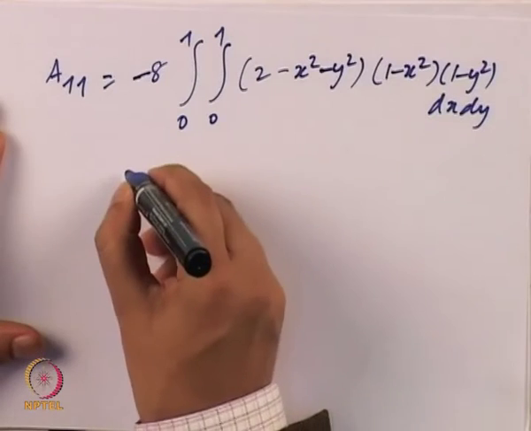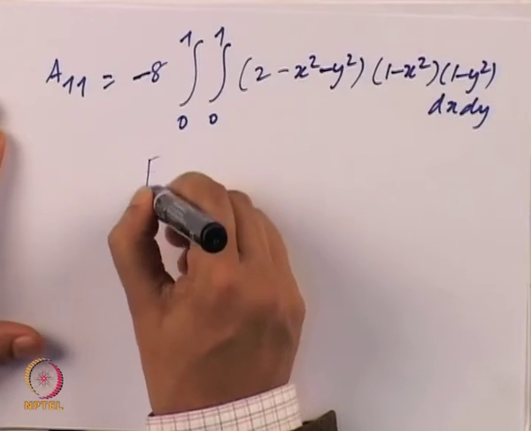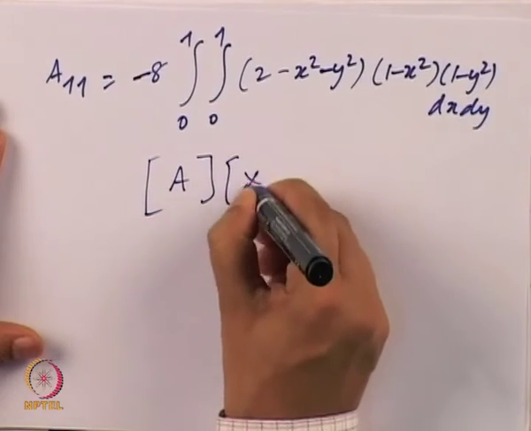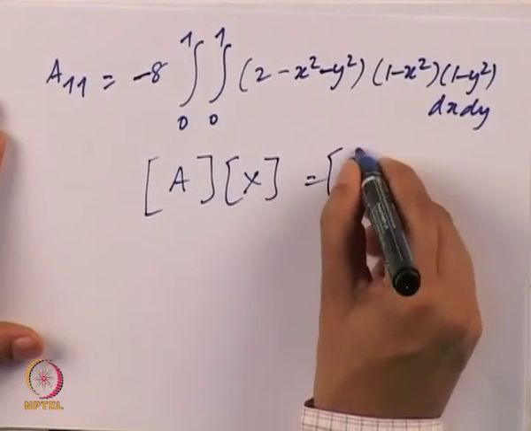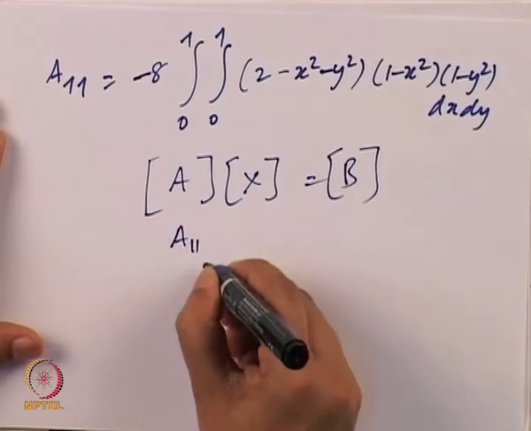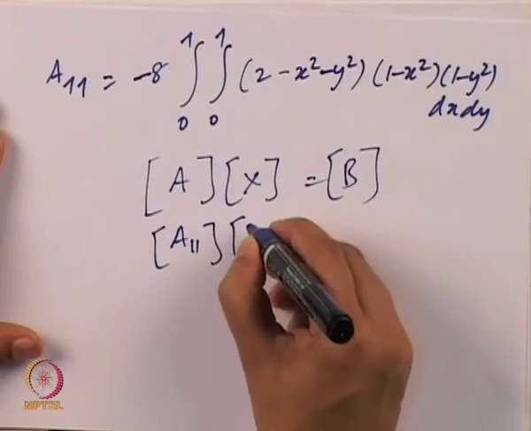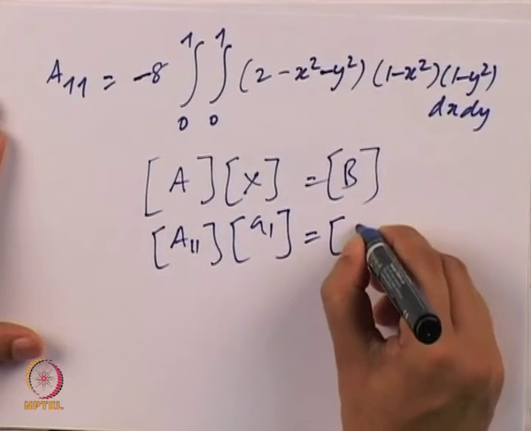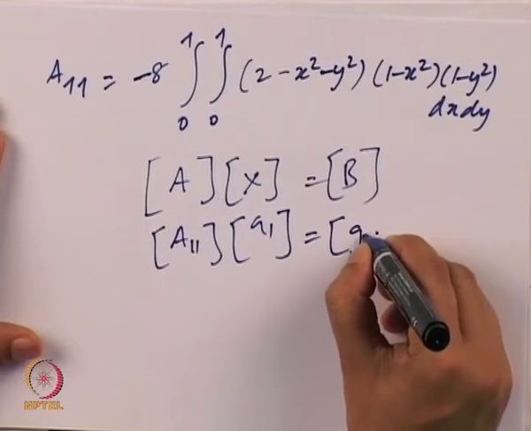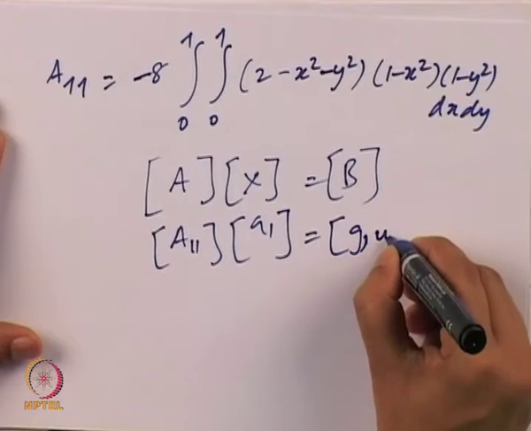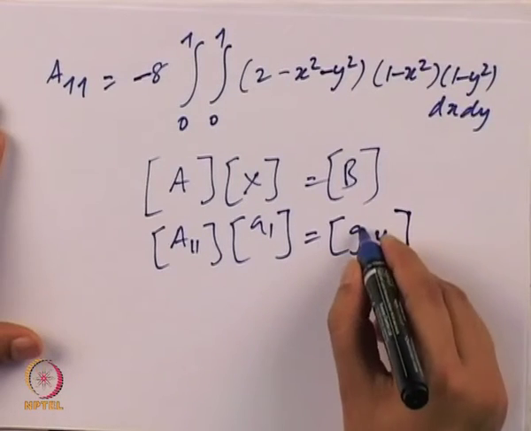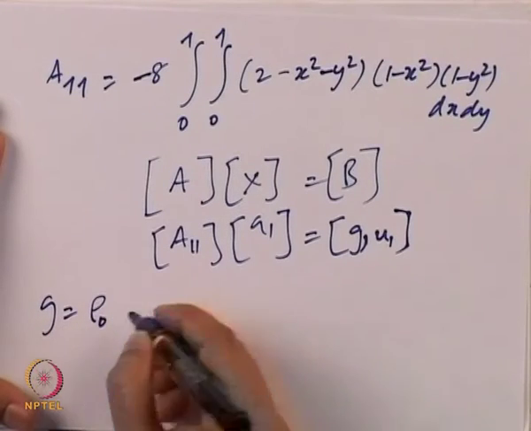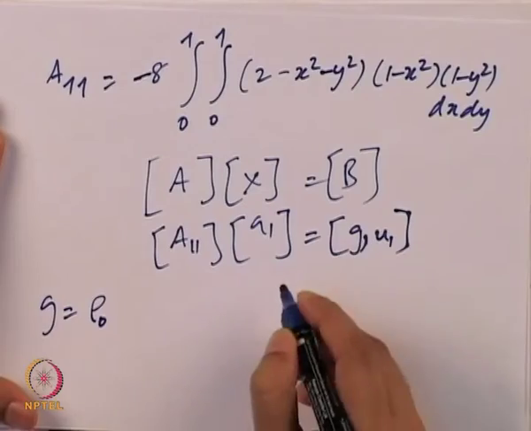So remember, if you are using 1 basis function, the matrix of Ax equal to B will have only the A11 term, and the x term is going to be A1 is equal to B, which is nothing but the inner product of G comma U1. Since G is constant here, G is nothing but the value of rho itself, rho naught. So it is a constant, we are putting it as G, not G1, G2, G3.